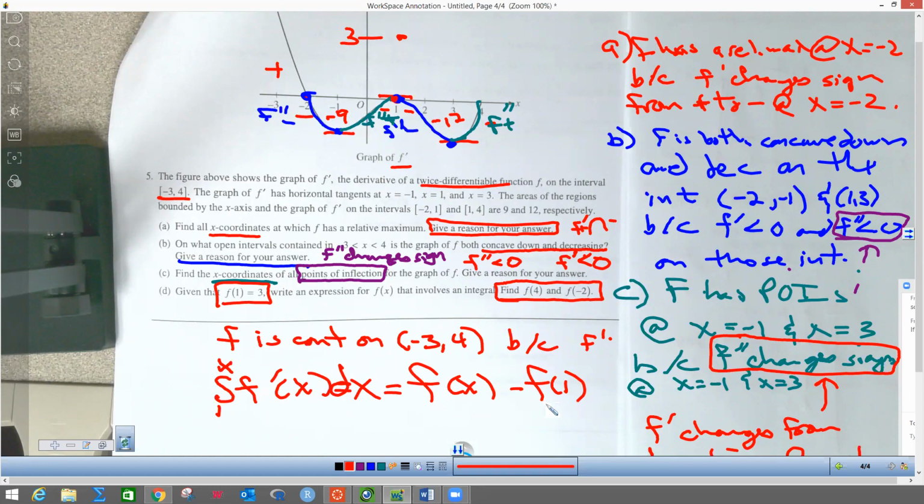And then we would put this value of 3 in for f of 1. Now if you look, it says write an expression for f of x, so that means we're supposed to solve for this. So I would add the 3 over. What I'm looking for is f of x, I'm going to flip this around, is going to equal 3 plus the integral from 1 to x of f prime of x dx.